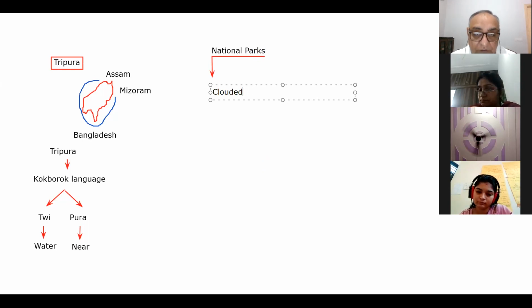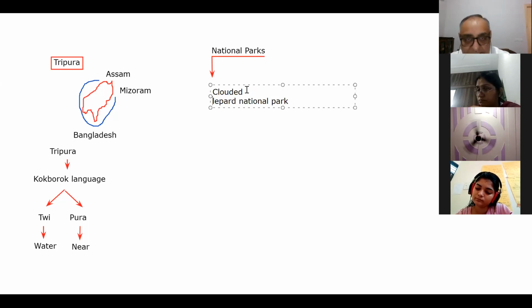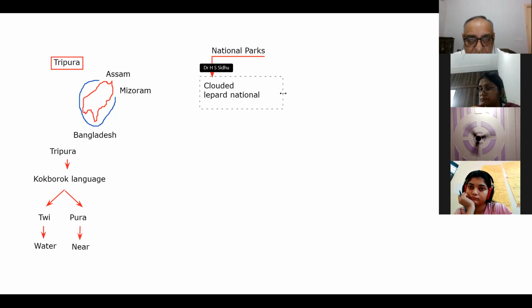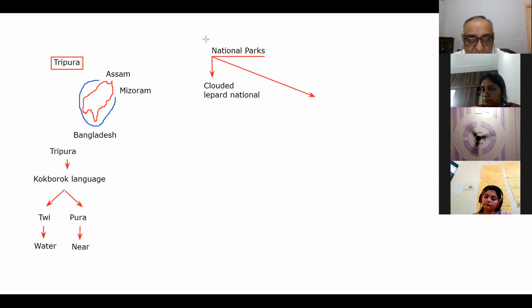One is the Clouded Leopard National Park, and the second is the Rajbari National Park.